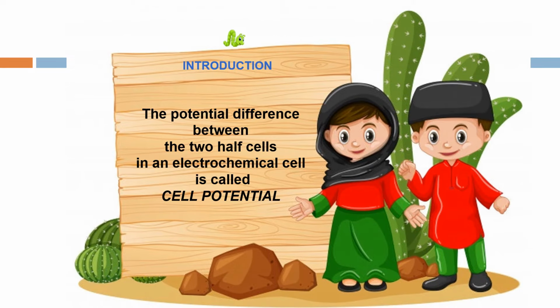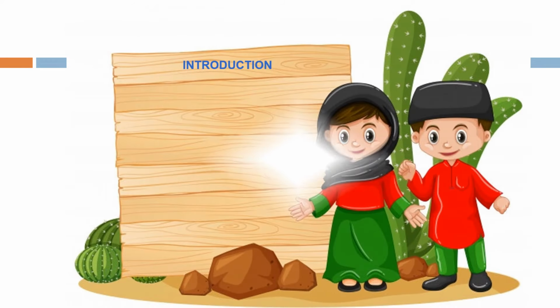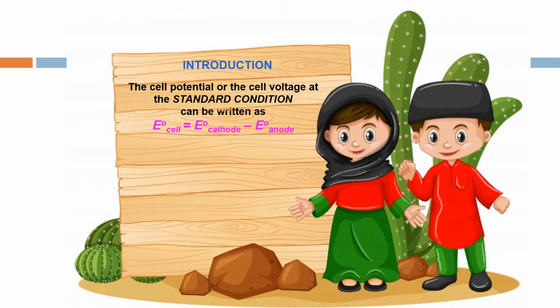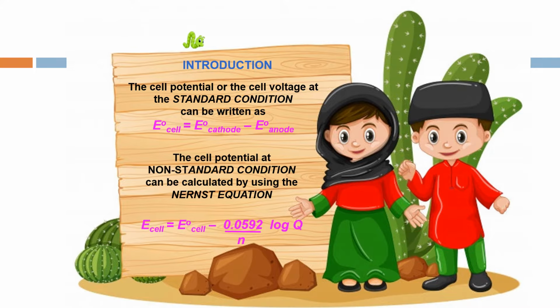The potential difference between the two half cells in an electrochemical cell is called cell potential. The cell potential or the cell voltage at the standard condition can be written as E° cell equals E° cathode minus E° anode.